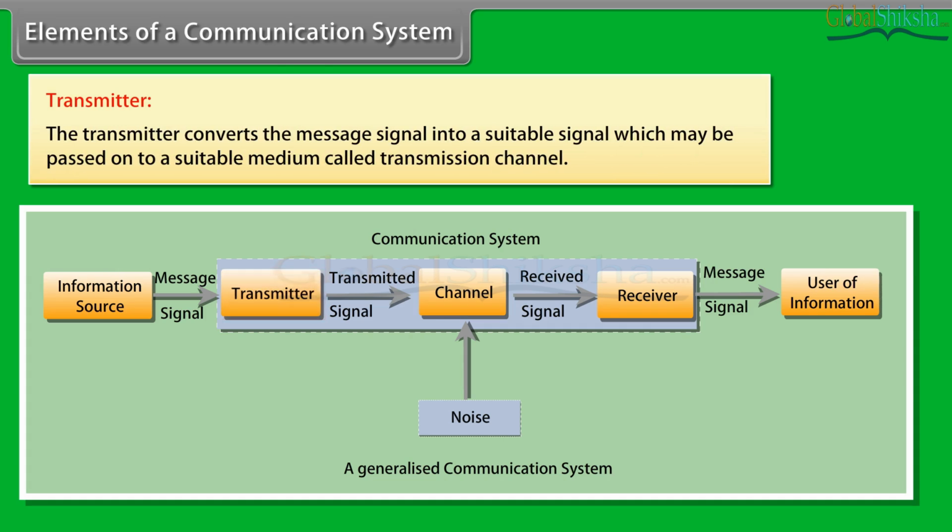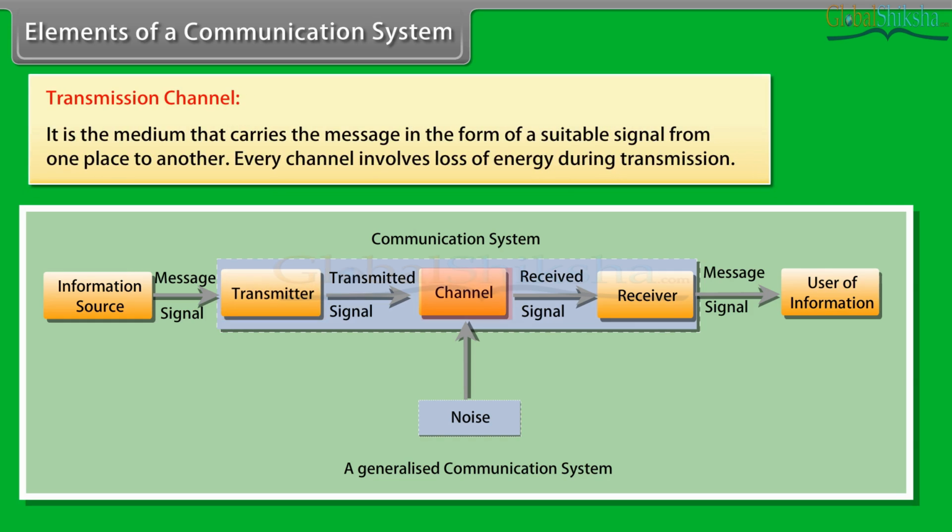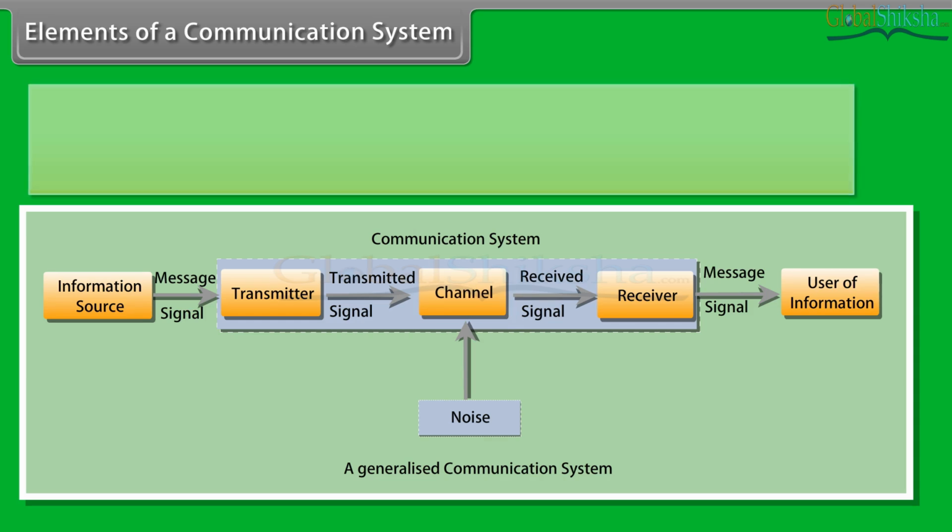The transmitter converts the message signal into a suitable signal which may be passed on to a suitable medium called transmission channel. Transmission channel. It is the medium that carries the message in the form of a suitable signal from one place to another. Every channel involves loss of energy during transmission.